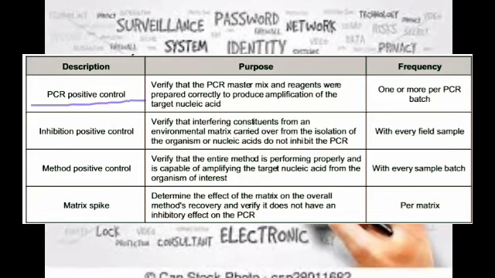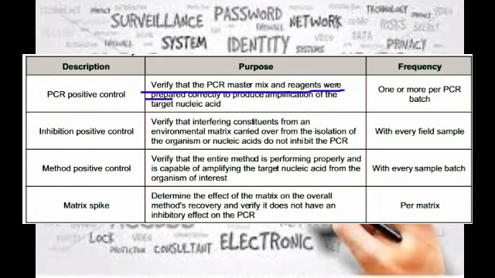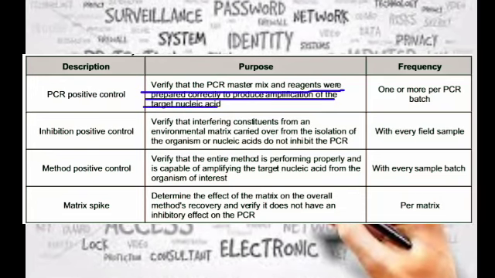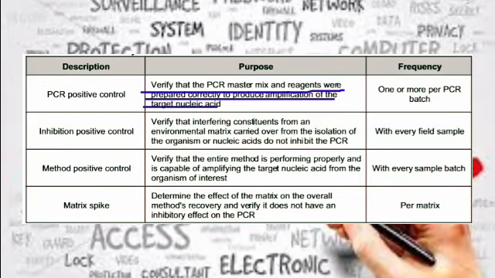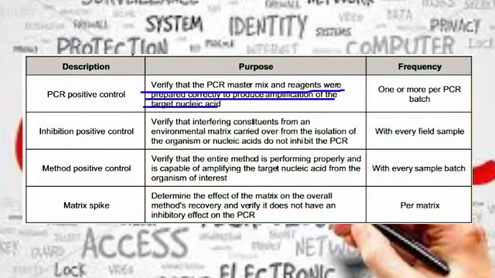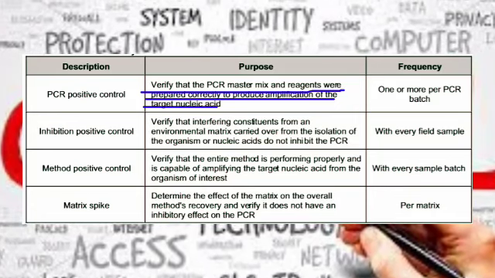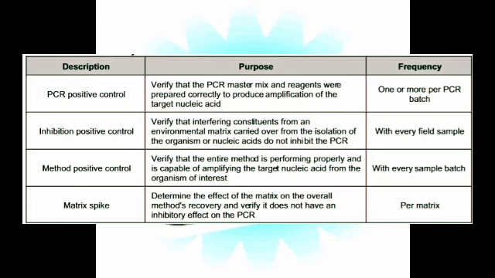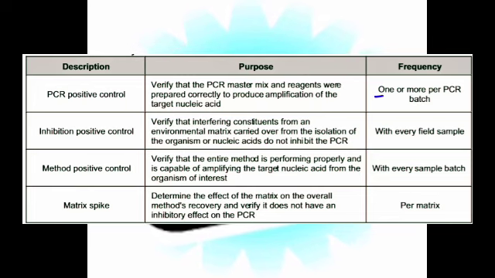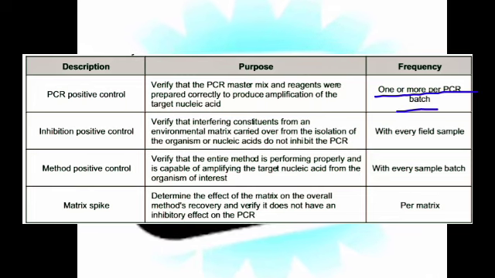The purpose of PCR positive control is to verify that PCR master mix and reagents were prepared correctly to produce amplification of the target nucleic acid, and this should be done with each batch, at least one sample per batch.